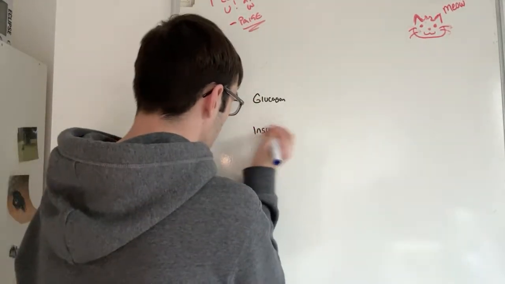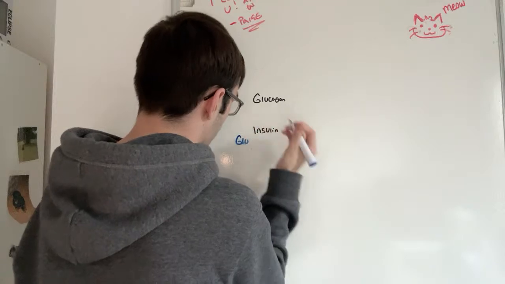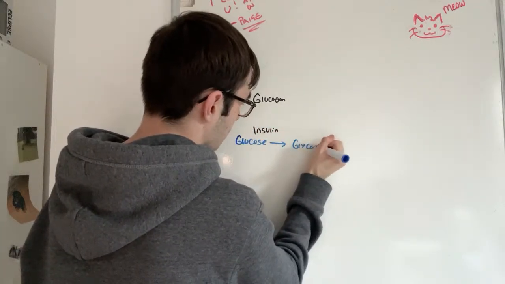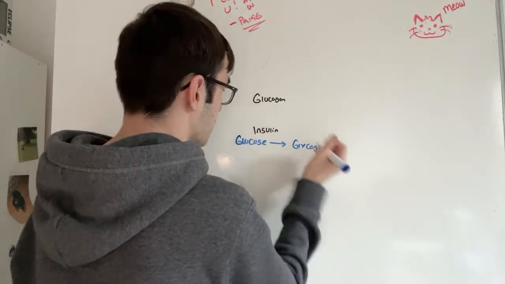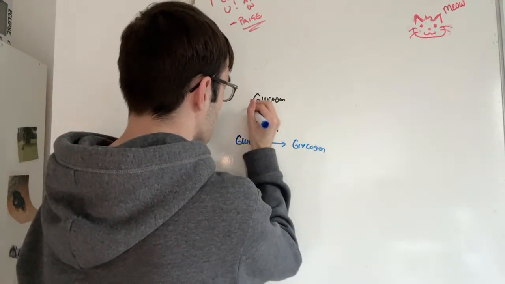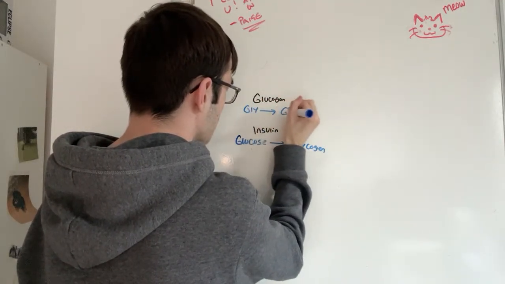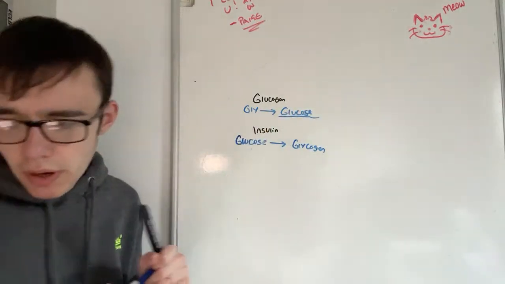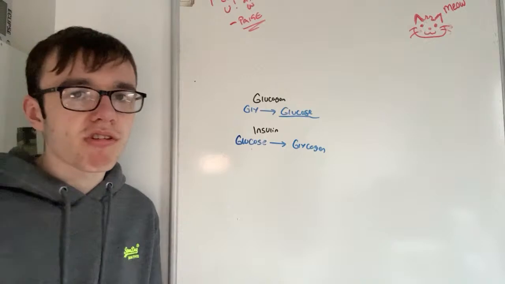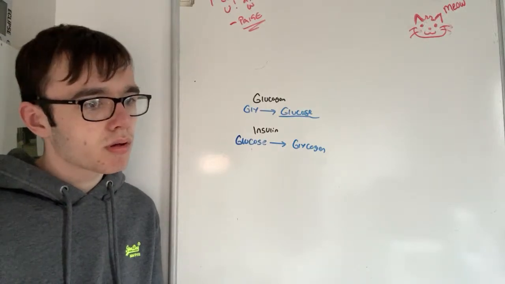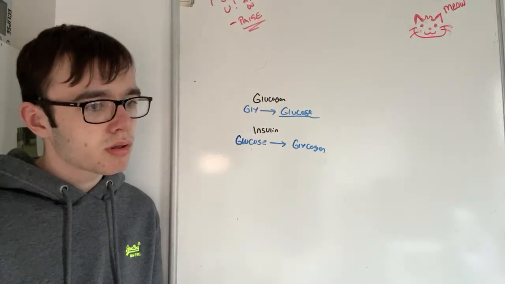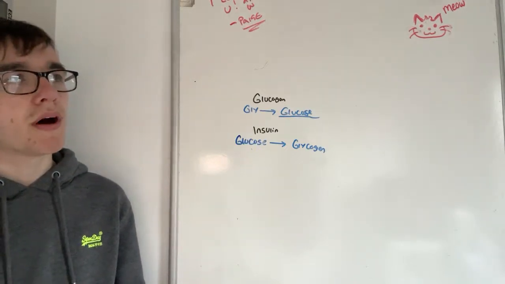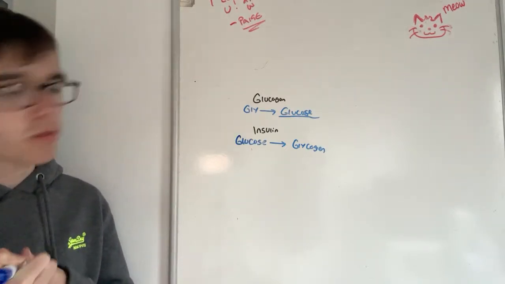Insulin is getting rid of glucose. That's glucose into glycogen. Glucagon is glycogen into glucose. Wait, what's gluconeogenesis? Is that not converting non-carbohydrates into glucose?